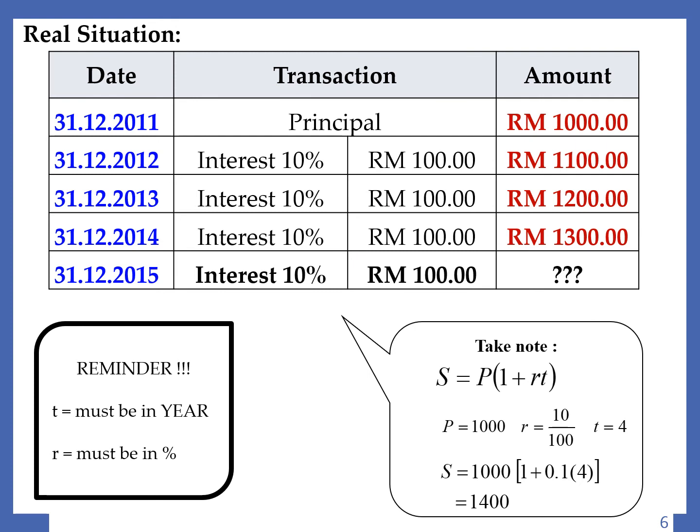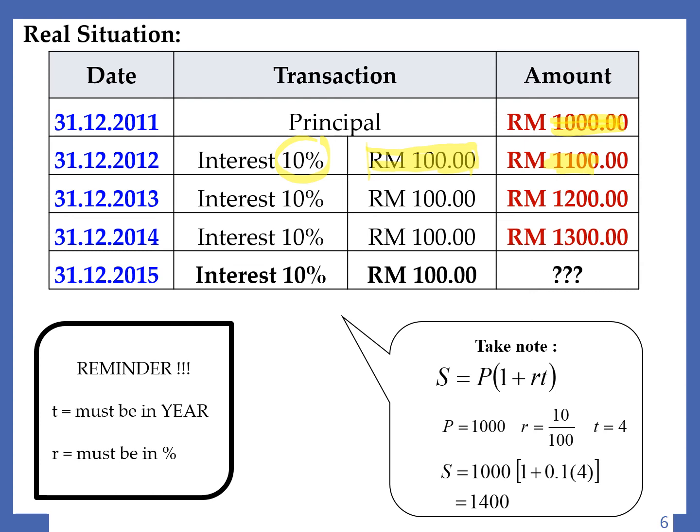In a real situation, let's say the principal is 1,000 ringgit and the interest rate is 10%. 10% of 1,000, at the end of the year, the interest amount is RM100. And then the total amount is 1,000 plus 100, which is 1,100 in the first year.